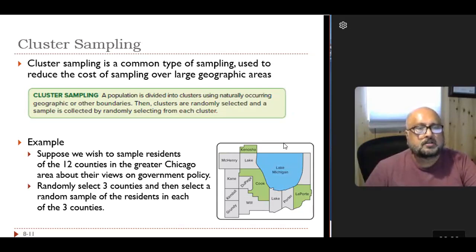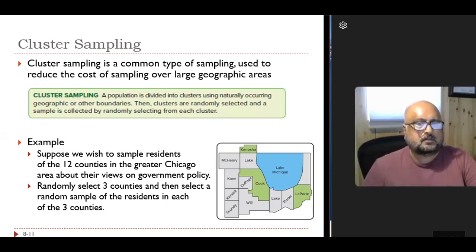How about cluster sampling? Cluster sampling is used, as I said before: you divide the population into clusters, and then you randomly select members of the clusters. I mean, you randomly select some of the clusters, not all, and then you use random sampling from within each cluster.